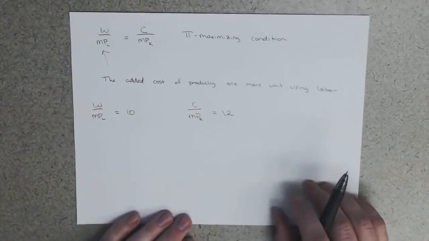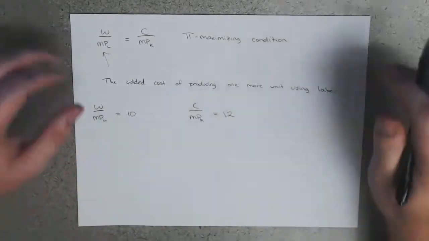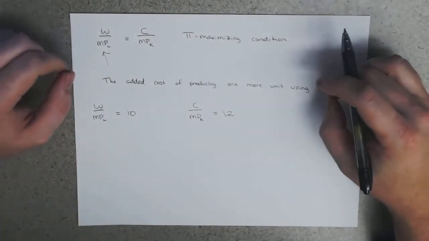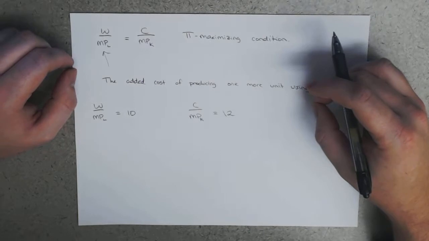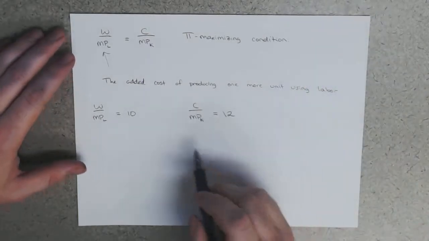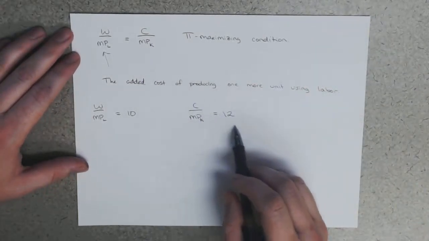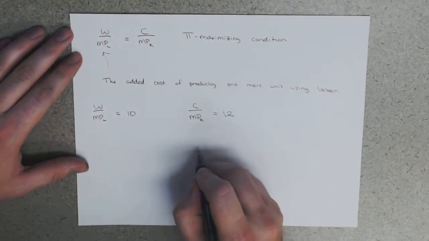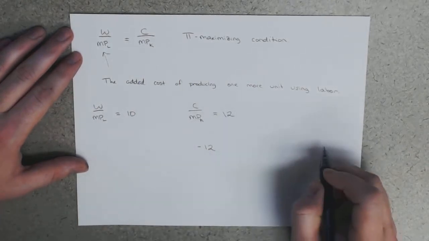What we can actually do is produce the exact same amount of this good for less. Okay, and here's how I can do it. I can get rid of one machine, which will save me $12.